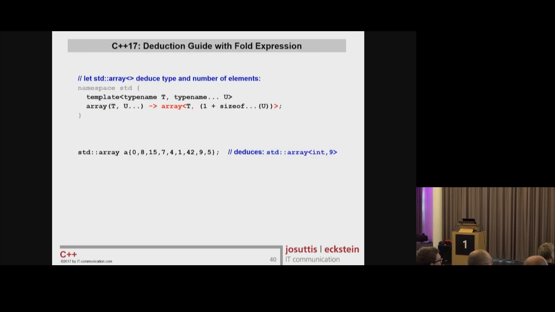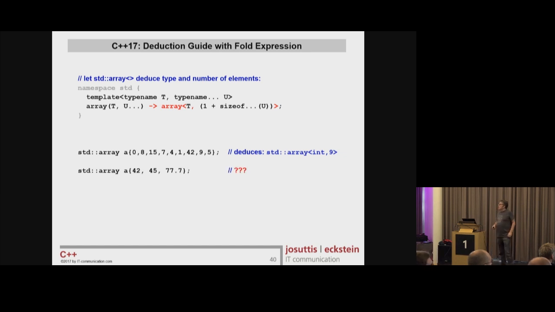OK, just one comment here. We use this feature also in the standard for argument deduction. For example, we have a so-called deduction guide specifying if you have an array of an arbitrary number of values, not specifying the type of the elements, we deduce, that's a new feature also, that all the elements in the array have the type of the first argument. So we have a special name for the first argument. And then we also deduce that we have 9 elements because it's the number of further arguments plus the first argument.